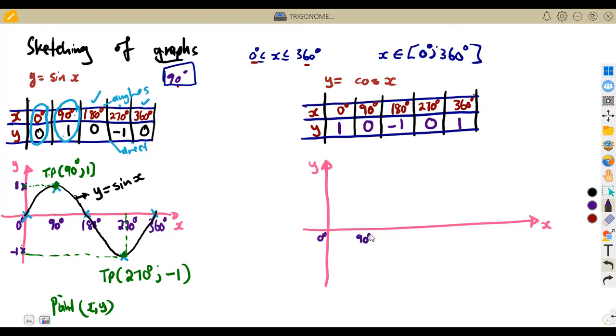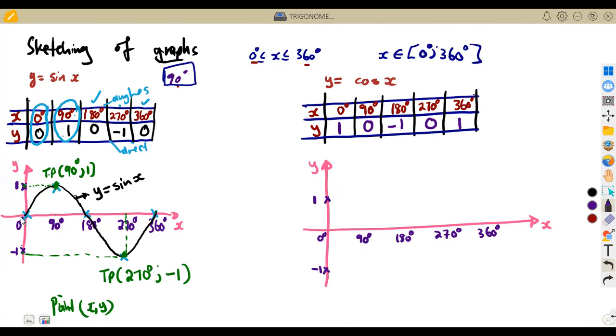So we've got 0, 90, 180, 270, 360 degrees. From -1 up to +1, that's our minimum value at -1. The maximum value that we can have here is at +1. So these are the most important points to be noted.